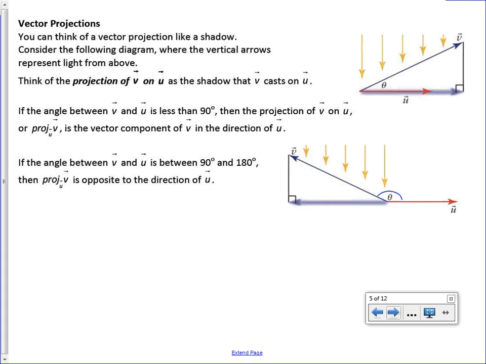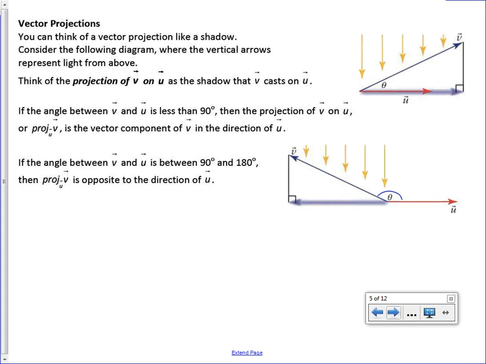If you have this vector at an angle to a horizontal or to another vector, in this case u, and we want to figure out the projection of v onto u, think of it like there's light coming directly from above, shining on top of vector v. The ground is in the direction of vector u. Do you see that a shadow is going to be projected on the ground in the same direction as vector u?